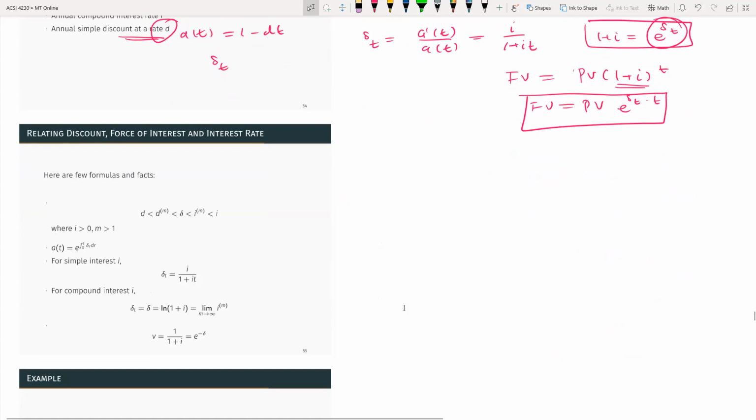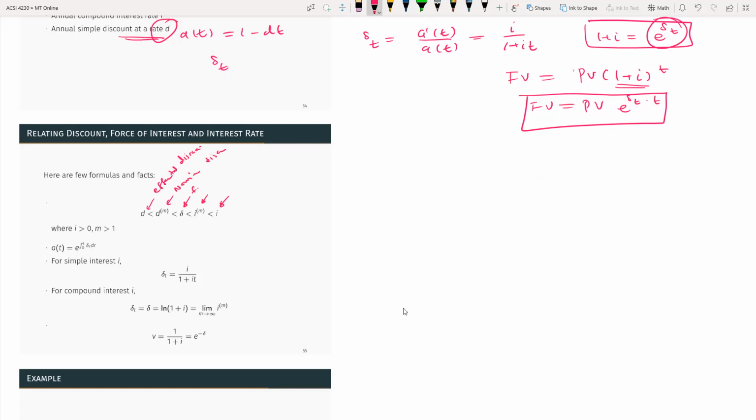So here you can see a few facts. The effective discount rate is less than the nominal discount rate, which is less than the force of interest, which is less than the nominal interest rate, which is less than the effective interest rate. This is the effective discount. This is the nominal discount.